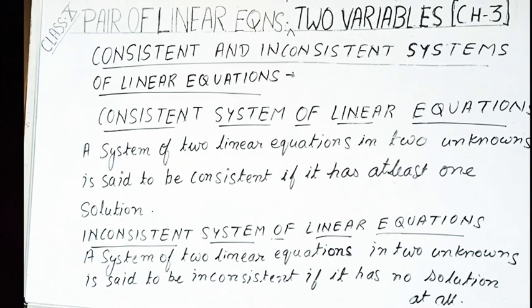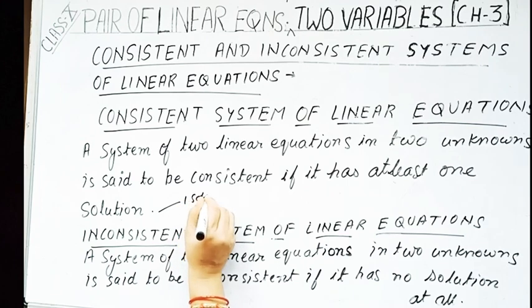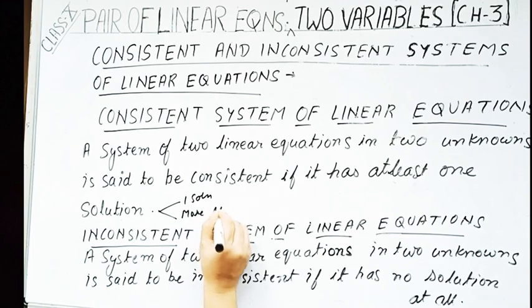So let us come to the definition. Consistent system of linear equations. A system of two linear equations in two unknowns is said to be consistent if it has at least one solution. At least one solution means it can have one solution or it can have more than one solution.